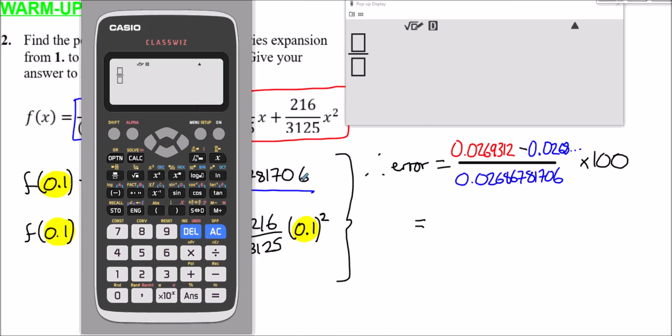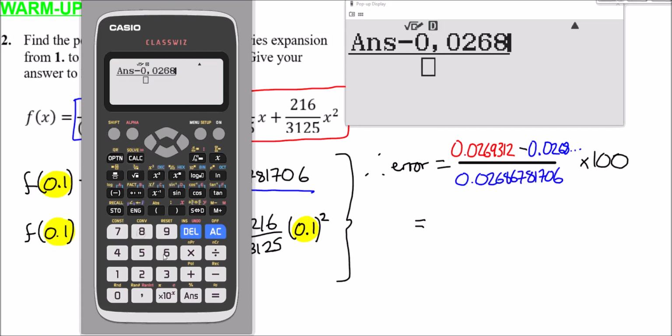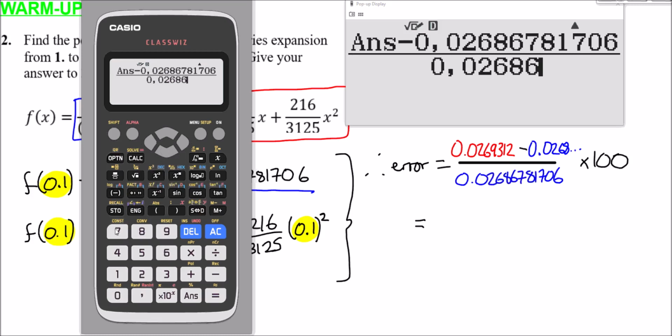So the error on the top, I can just type answer minus 0.02686 781 706, all divided by 0.02686 781 706. Again, I'm not rounding at all here. I only ever really round at the very end to make sure I don't fall foul of any rounding error. So just make sure that's pressed in correctly.